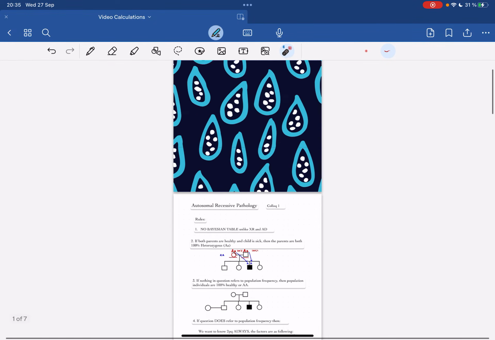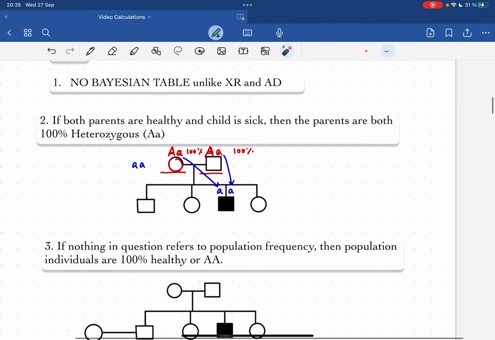So if we look at rule 2 again, both parents don't have to be healthy. It's enough for just one parent to be healthy for us to know for sure that they are 100% heterozygous.